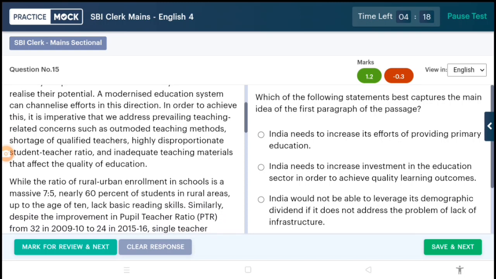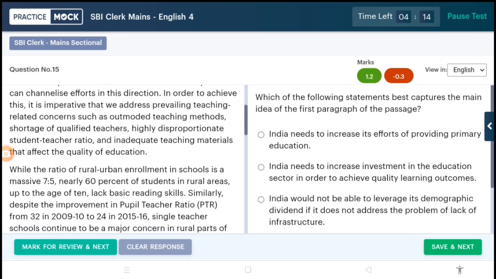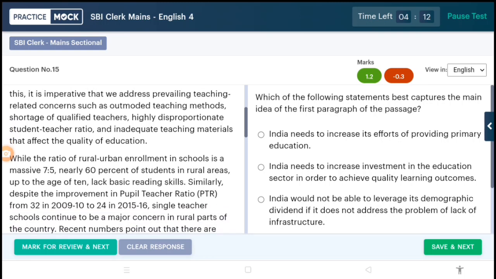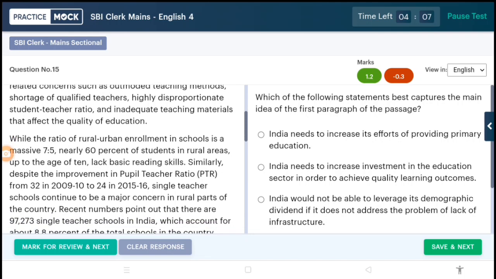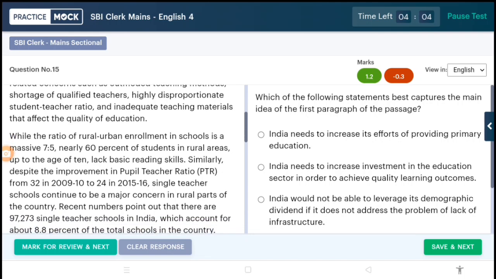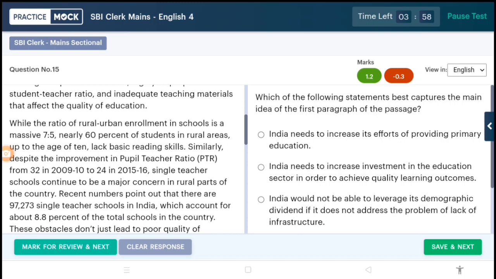A modernized education system can channelize efforts in this direction. In order to achieve this, it is imperative that we address prevailing teaching-related concerns such as outmoded teaching methods, shortage of qualified teachers, highly disproportionate student-teacher ratio, and inadequate teaching materials that affect the quality of education.